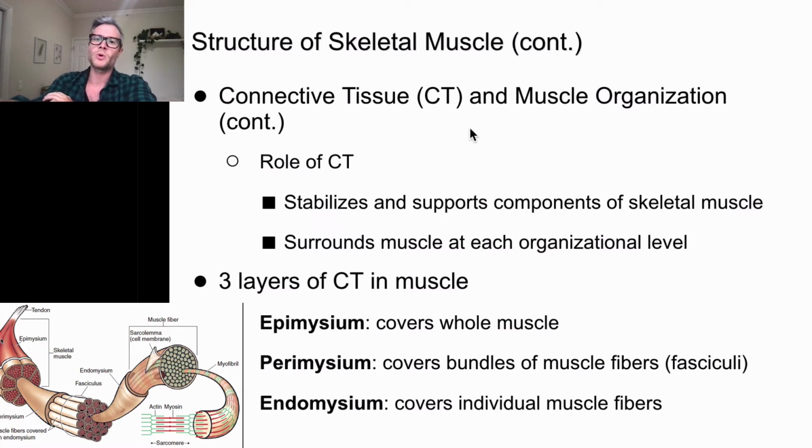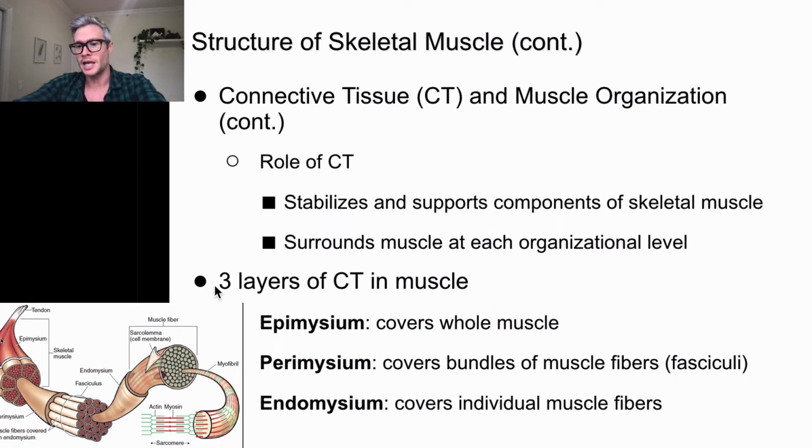And then you recruit more and more and more. And the more you want to contract your bicep, the more muscle fibers get recruited to contract. So keeping everything segregated and compartmentalized through connective tissue helps us contract with a bit more specificity of force rather than an all or none sort of generation of force.